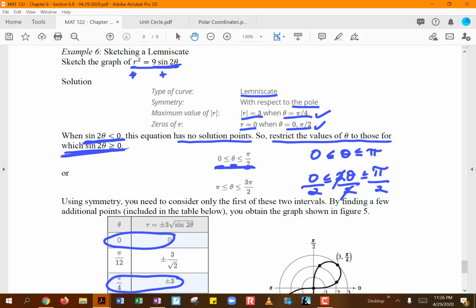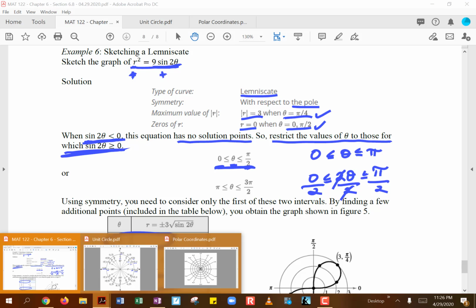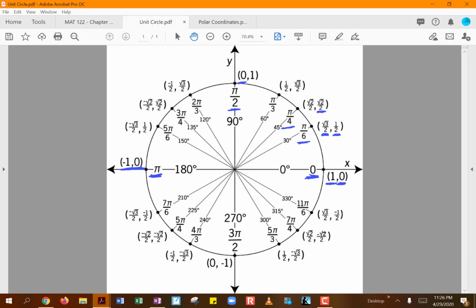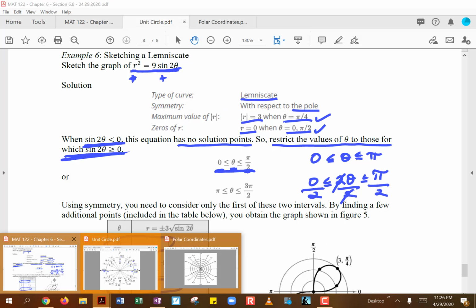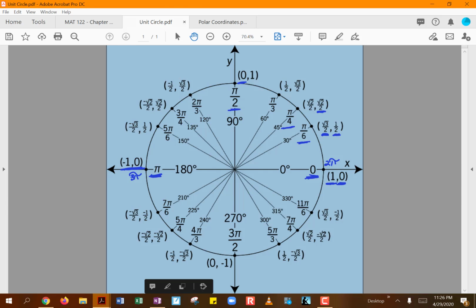Or if you do coterminal angles, then you can actually go from 2 pi to 3 pi also.